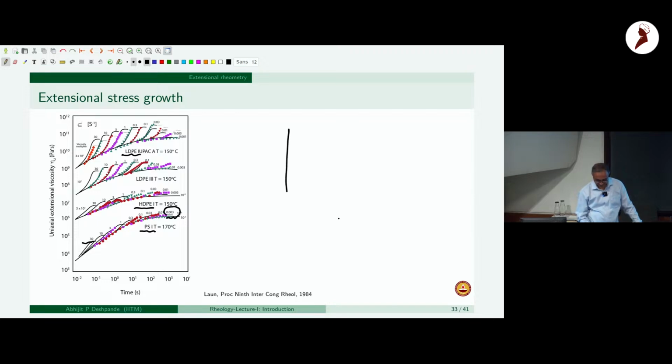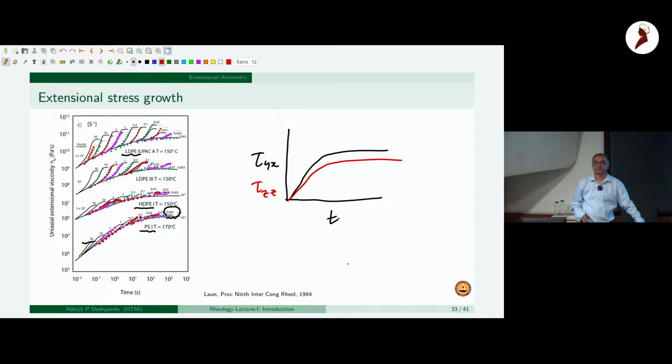So this is again an experiment of stress growth. What we had seen earlier for shear was that for a Maxwell model, you basically have an exponential increase in stress. Again, for a Maxwell model, if you look at tau ZZ also, you will see a similar response. So tau ZZ in extension, again there will be an increase to a constant value.